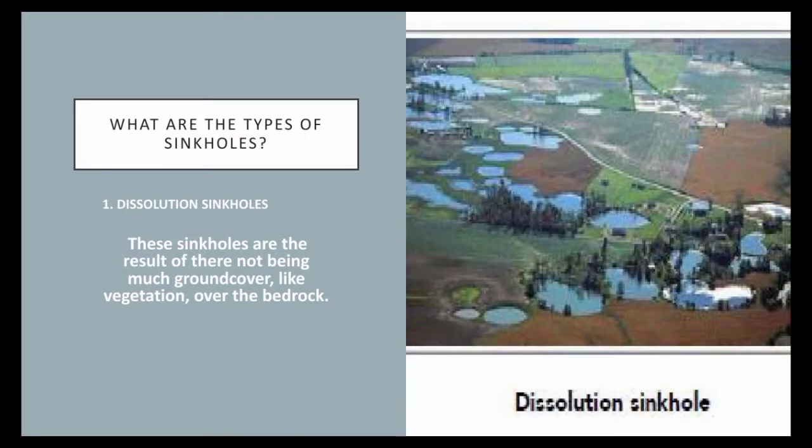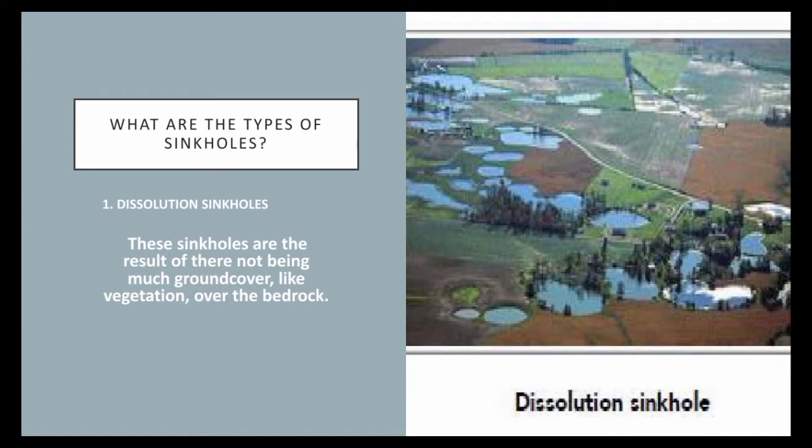So, meron din tayong ibang types, or 3 different types of sinkholes. First is the dissolution sinkholes. These sinkholes are the result of there not being much ground cover like vegetation over the bedrock.